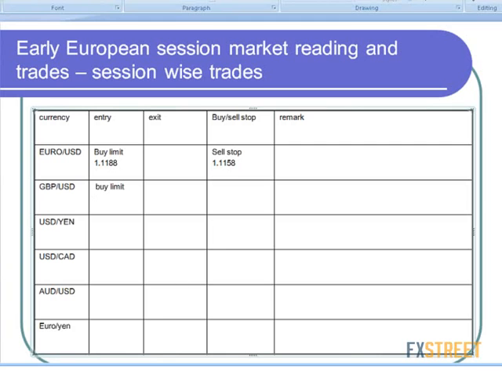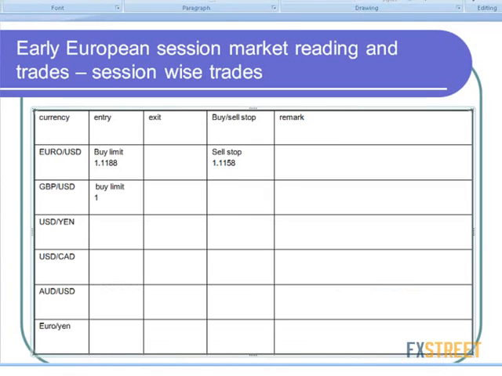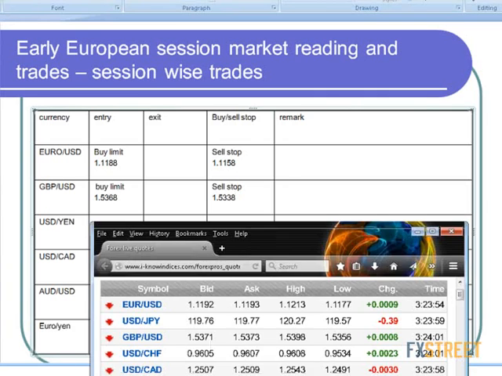But now, since it is very sluggish, if you keep 10 pips below, they may not fill it. 1.5368. 1.5338 is the hedge order or the sell stop.